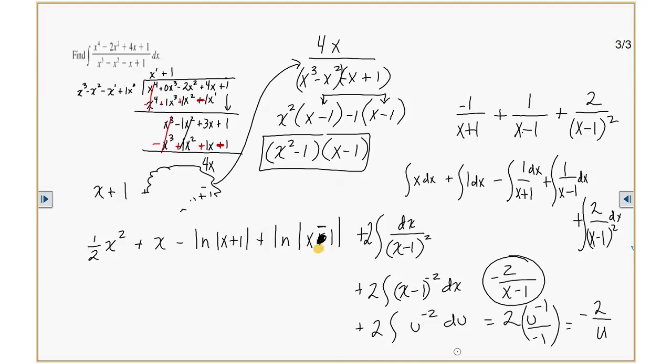They've got x squared over 2 plus x plus the natural log of x minus 1 minus the natural log of x plus 1 minus 2 over x minus 1. Remember, I've got the negative 2 over x minus 1 right there. And addition is commutative, so they can be interchanged.